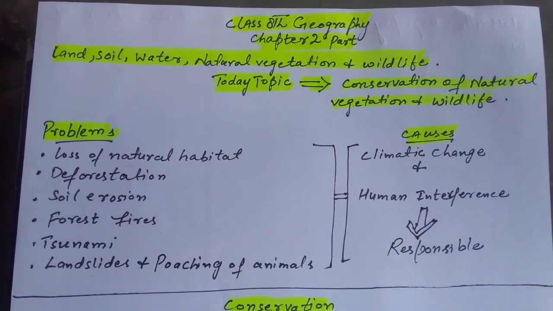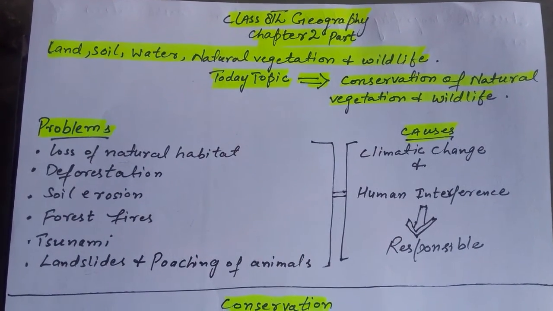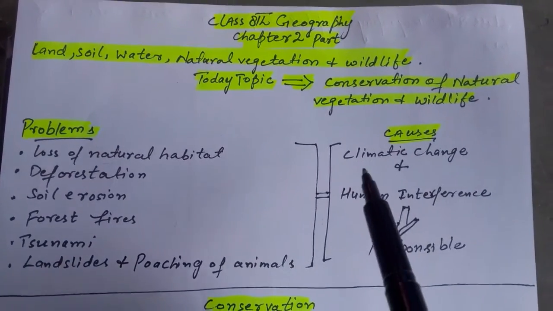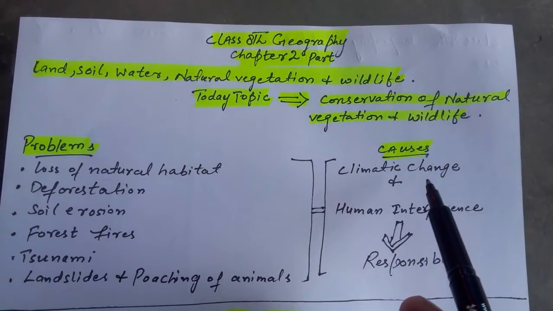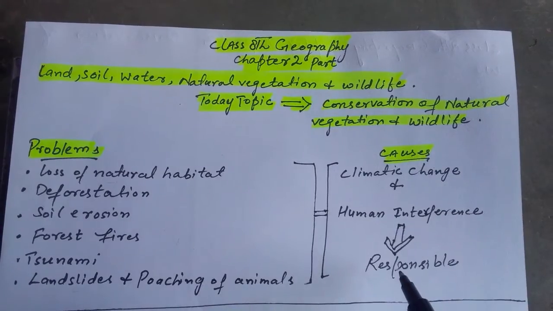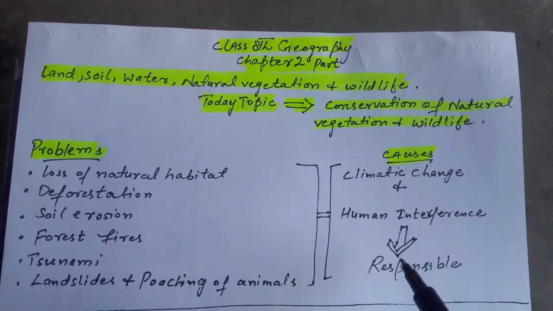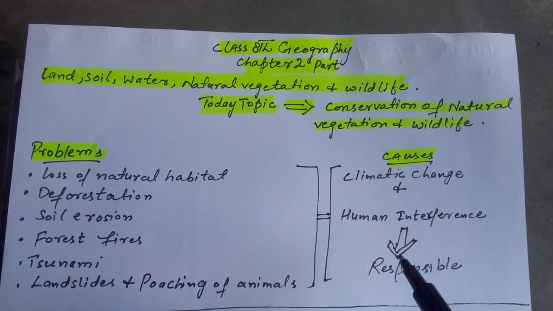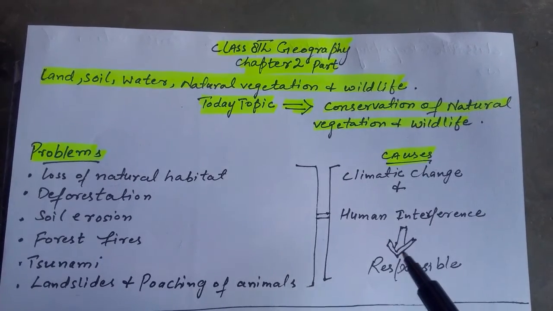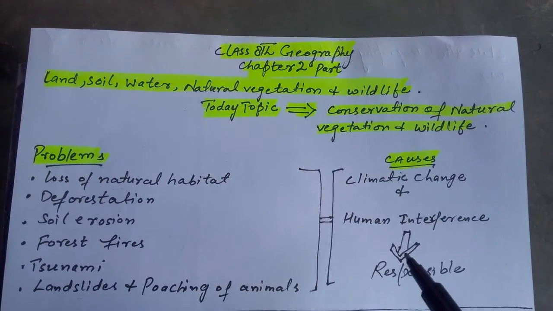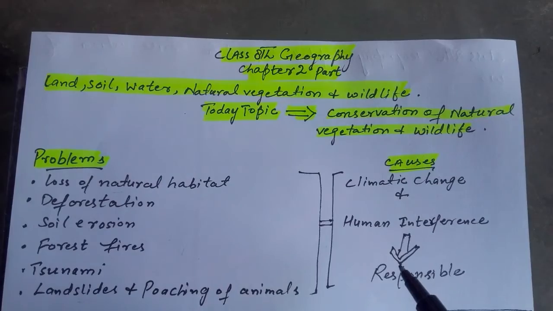Next we will deal with some causes. Another cause is human interference. These causes are interlinked to each other. By natural phenomena, there are climatic changes according to the seasons and climatic conditions.